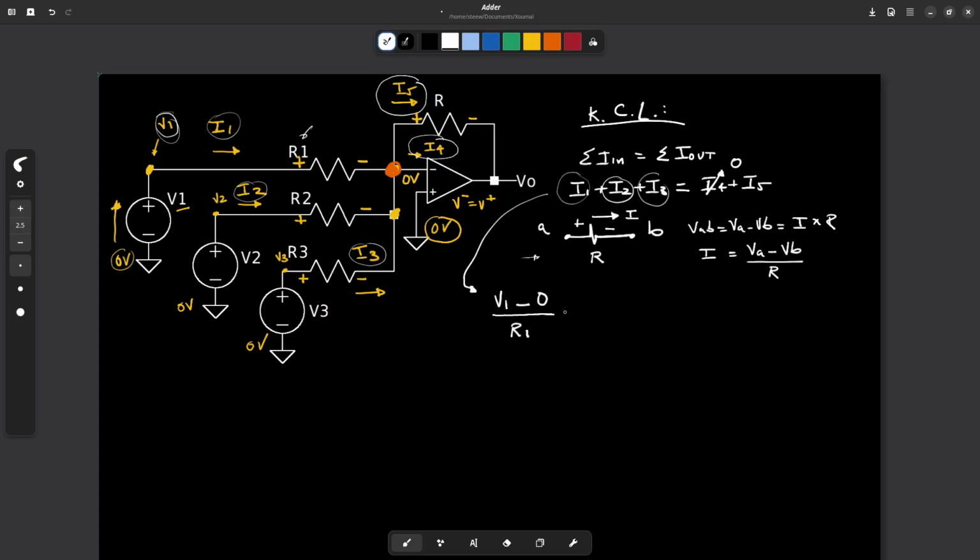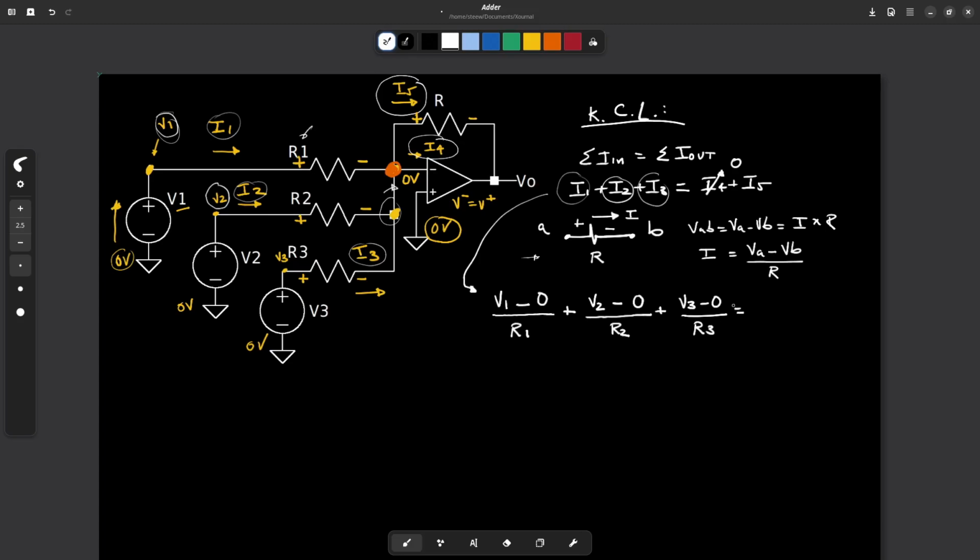The same way, I2 would be the voltage at this node, V2, minus the voltage at this node, which is 0 volt as well, divided by R2. The same for I3, which will be V3 minus 0 divided by R3.